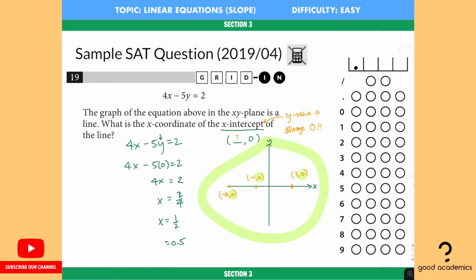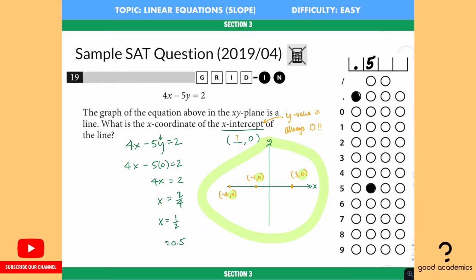So you can say 0.5. Now, if you ask, well, can I write 0.50? I would say try not to, because you may want to save some space, and among the answer choices I've seen in all the SAT or recent SAT questions, they always prefer dropping the trailing 0, so you just do 0.5 in this case.